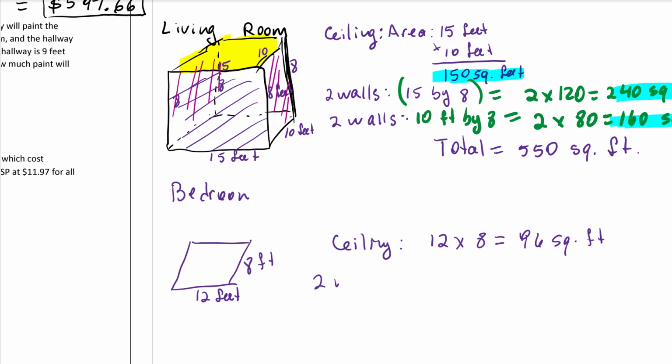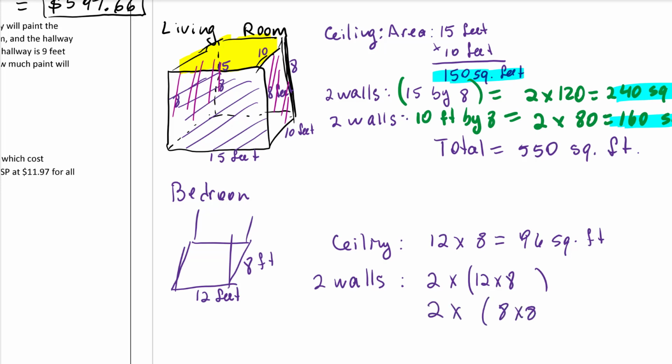We have 2 walls. The height is 8, like this. So it's going to be 2 times 12 by 8, that's 2 walls, and then another 2 times 8 by 8, so it's the other 2 walls. There are 4 walls in a room, right?